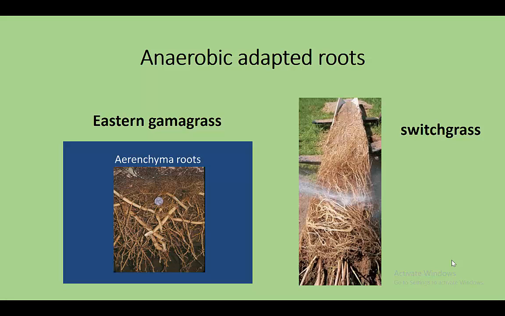Switchgrass in particular has a higher percentage of fibrous roots. However, in a wetter environment, it will develop more of these aerenchyma type roots, which allow it to be adapted to wetter conditions. That's why it's so variable as far as the site conditions it tolerates, from wet to dry.